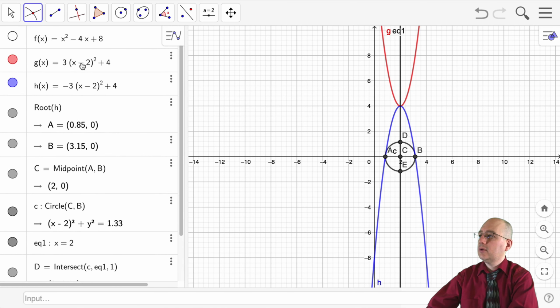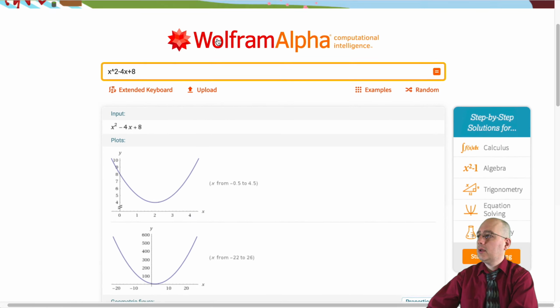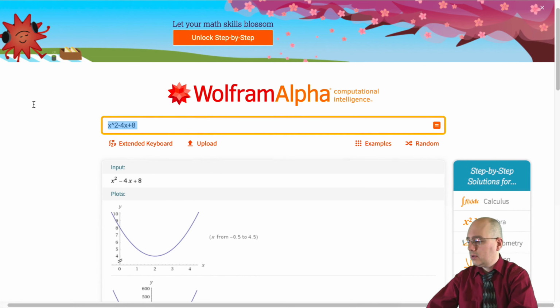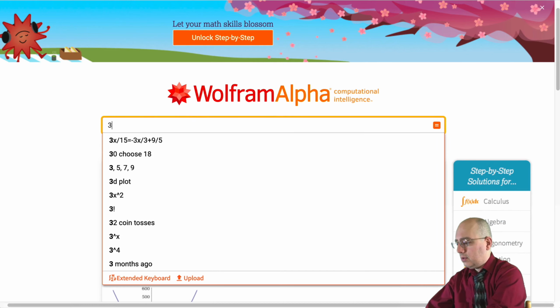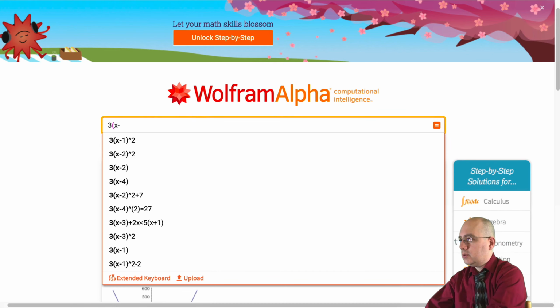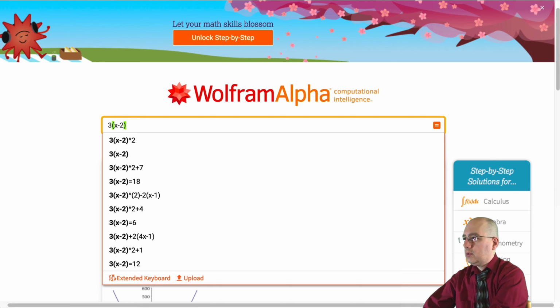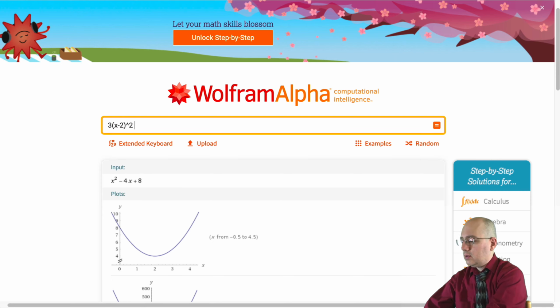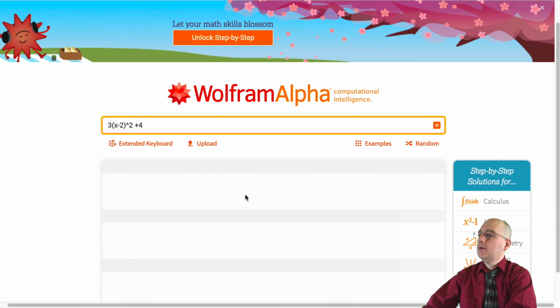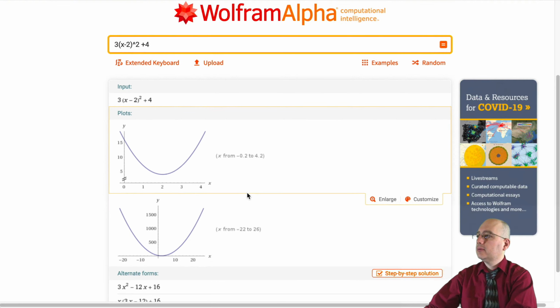So that's for the quadratic 3 times x minus 2 squared plus 4. Let's see what Wolfram Alpha does for us here.